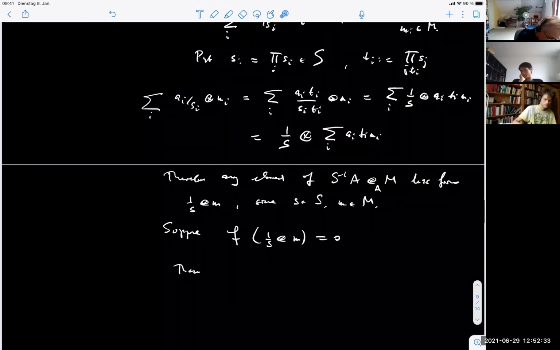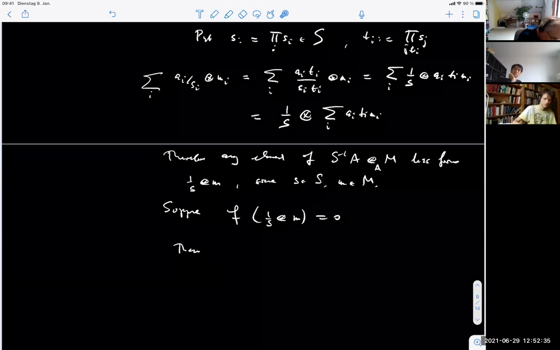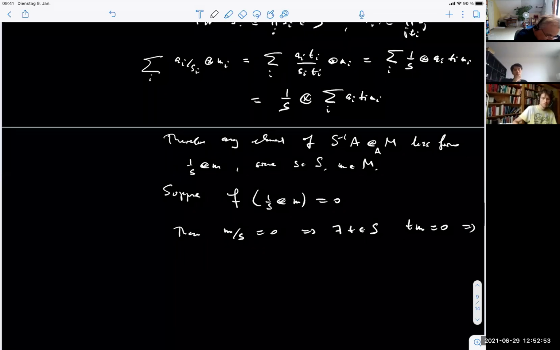It means m over s equals 0, and this means there is some t in S such that t times m equals 0. And then I just go on, it's the usual argument. I want to show this is 0.